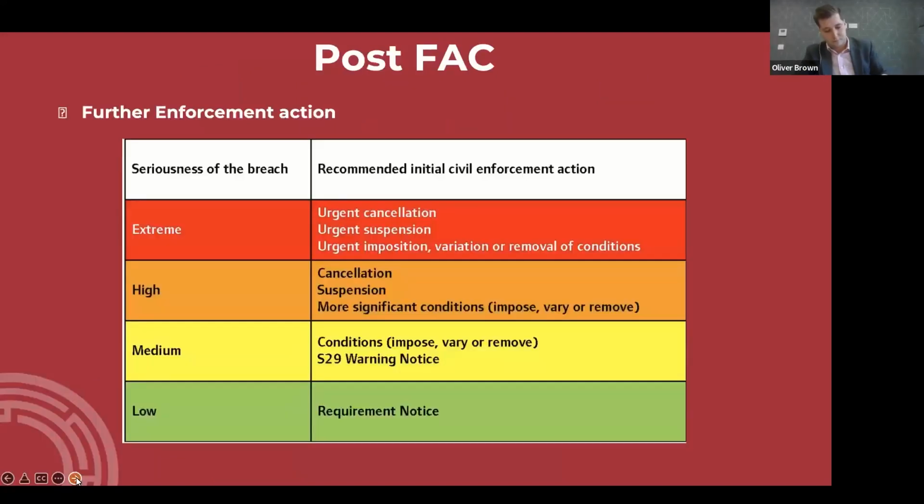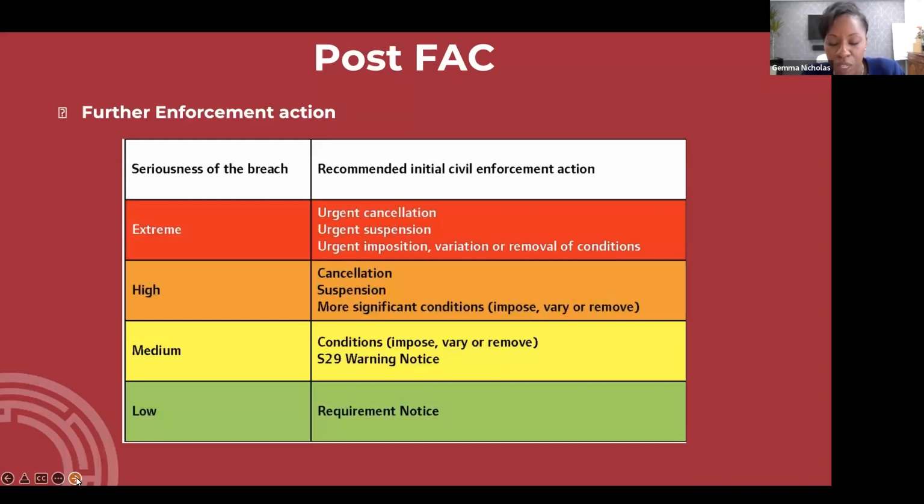So moving on to the next slide, please. In terms of after the factual accuracy process, also think about if there's any enforcement action being undertaken. The CQC may be taking enforcement action against you at the same time as you submitting factual accuracy comments.